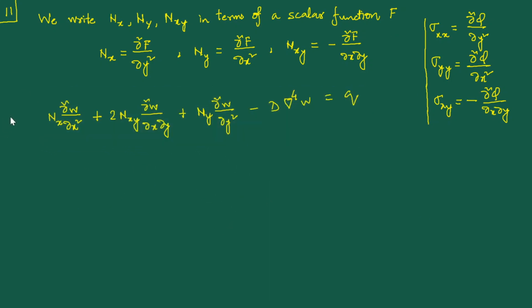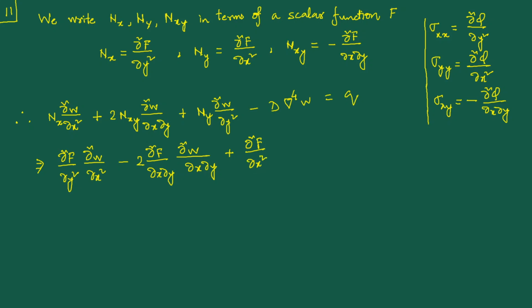So therefore, this thing becomes del square F del y square times del square W del x square, minus twice del square F del x del y times del square W del x del y, plus del square F del x square times del square W del y square, minus D biharmonic of W equal to q.